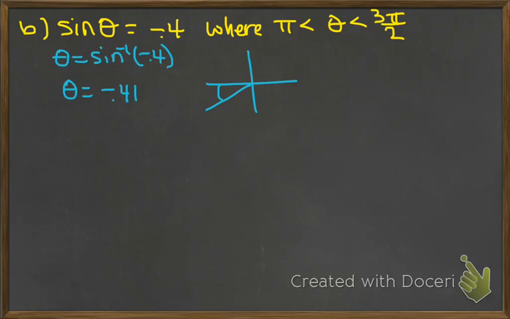My reference angle is then 0.41, and I want to figure out what this angle is. When I'm in the third quadrant, I do pi plus the reference angle. So pi plus 0.41, and when I do that, I get 3.55. There's my answer in radians.